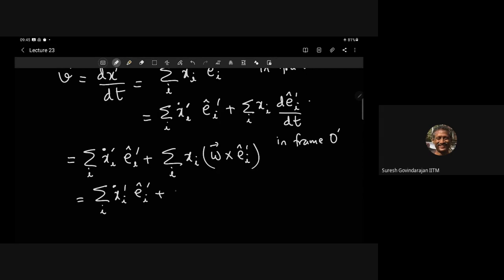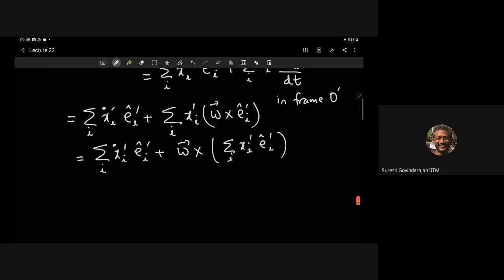Now I can rewrite this like this. This is the velocity. And what is this?